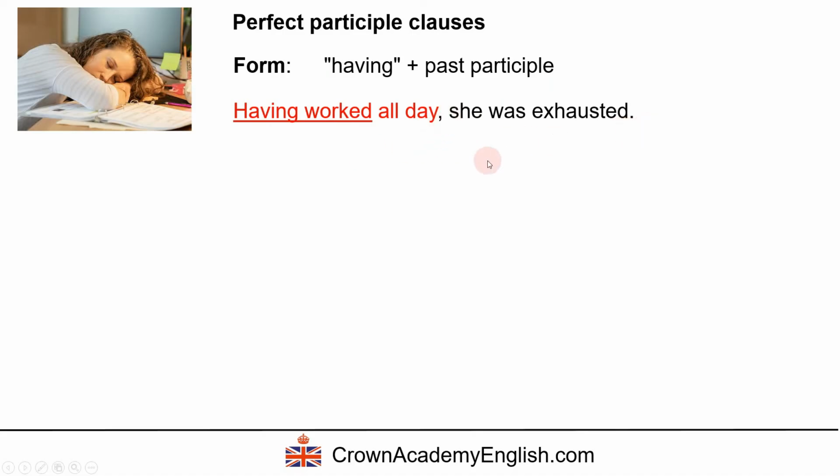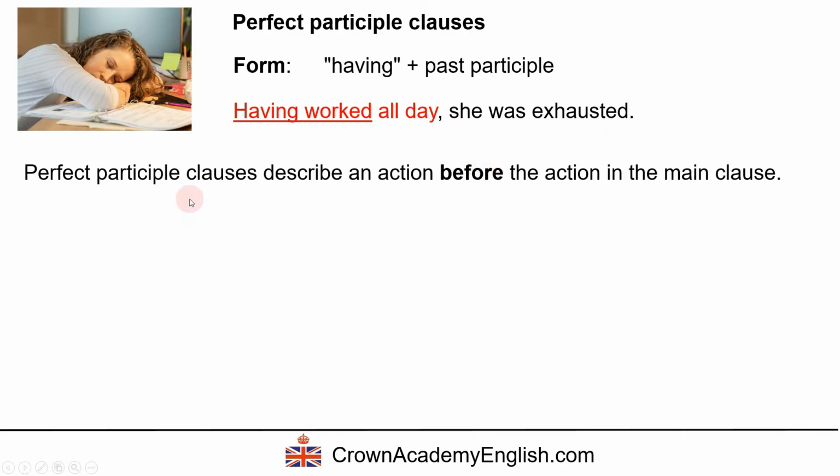So what does this mean? Well, perfect participle clauses describe an action before the action in the main clause. So this is the perfect participle clause. So this action happened before this action. Okay, so first, she worked all day, and second, now she is exhausted.